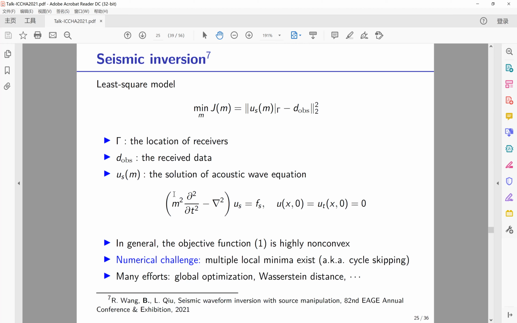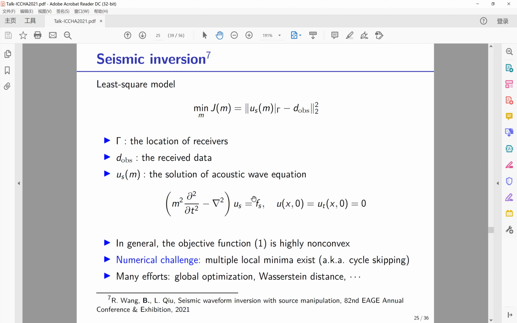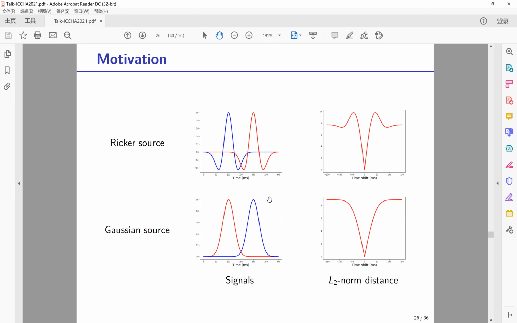Here our motivation is this: consider the source term, Fs. If we have a recurrent source, we have multiple local minima. If we transform our data to a Gaussian source, there is only one minimum.